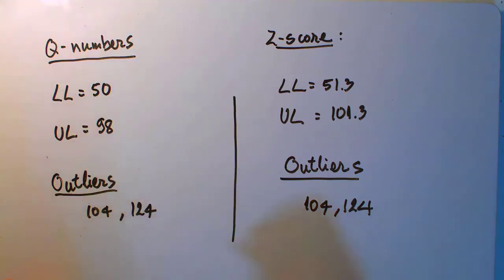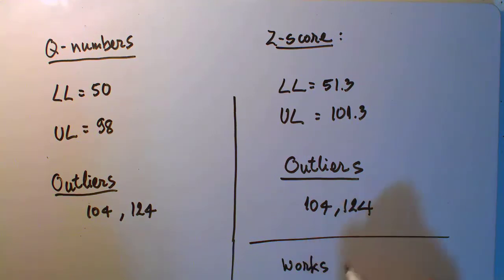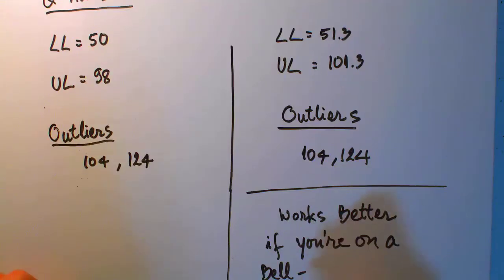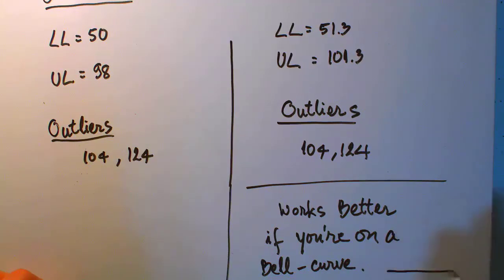And so I would say using the z-score to find outliers works better if you're on a bell curve, those normal distribution shapes that I briefly introduced before.